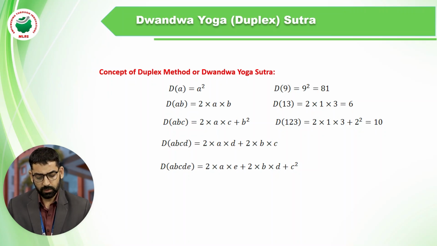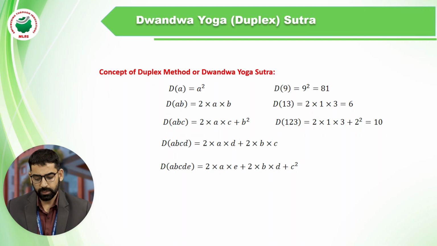So how do we calculate the duplex of any number? Let's first understand this concept. If we have to calculate the duplex of a single digit number, for example the digit 9, we can simply take the square of the given number. Here I have taken one example.